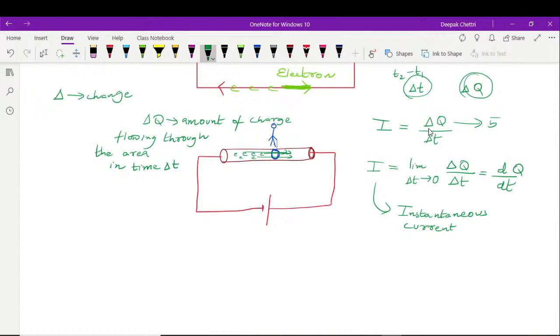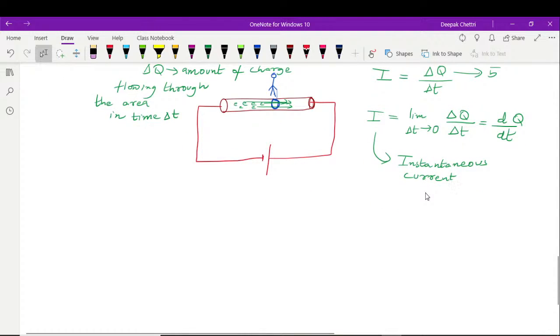Yes or no? Okay, so this is instantaneous current. Instead of talking about an interval, we are talking about the instantaneous current by making the interval very small. From now onwards, whenever you write an expression for I, it is dq/dt, the rate of flow of charge.